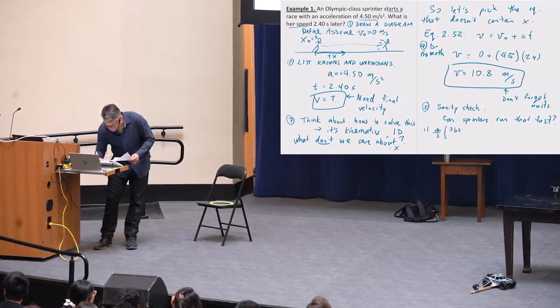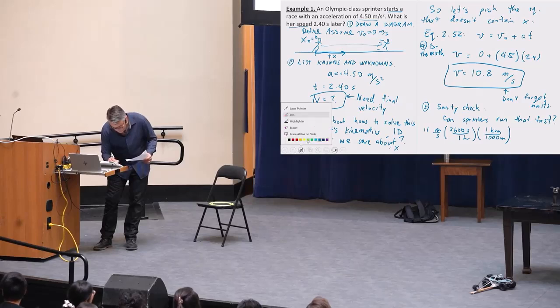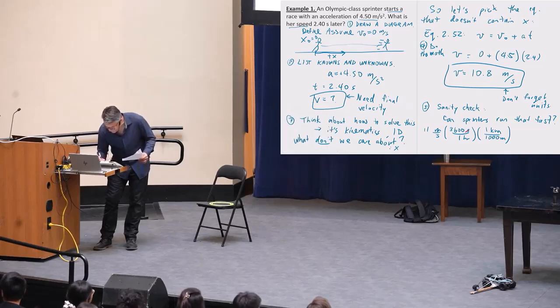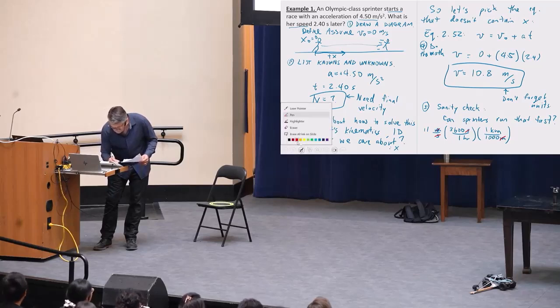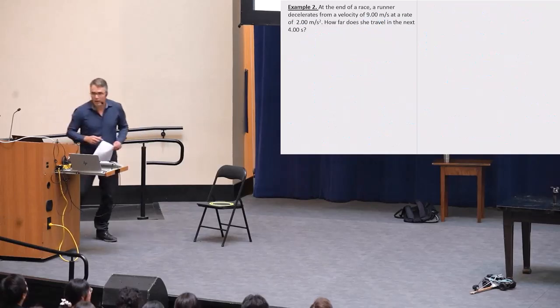There's 3,600 seconds in 1 hour, and 1 kilometer equals 1,000 meters. So if I was going to convert units, seconds would cancel seconds, meters cancels meters, and if you multiply by 3,600 and divide by 1,000, you get like 40 kilometers per hour.